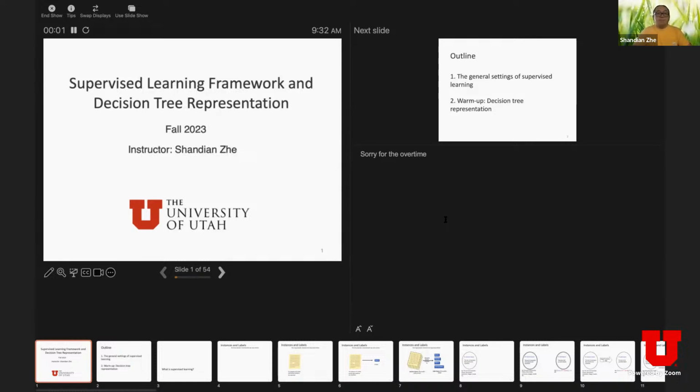Now, if I ask you to label a red triangle, which label are you going to use? B? Why B? Yes, that's very intuitive.